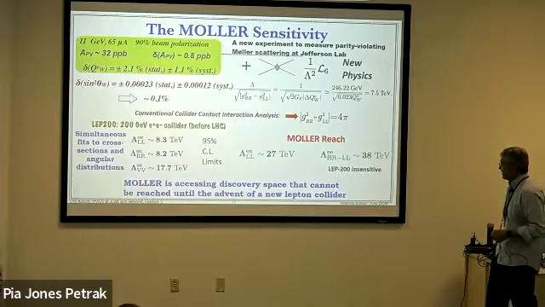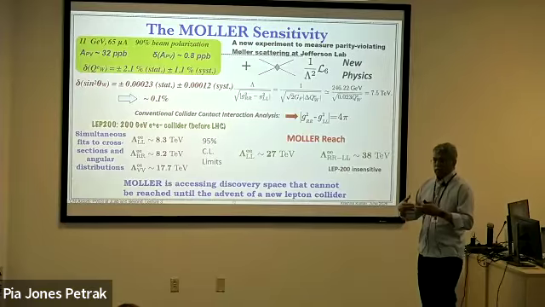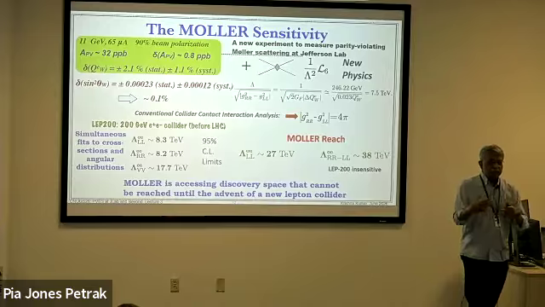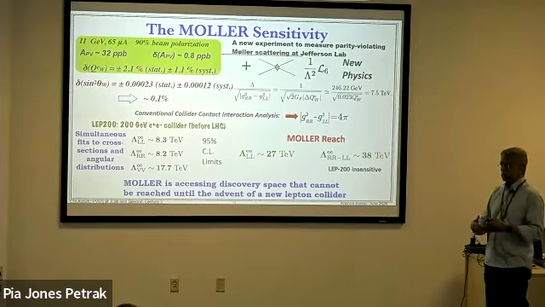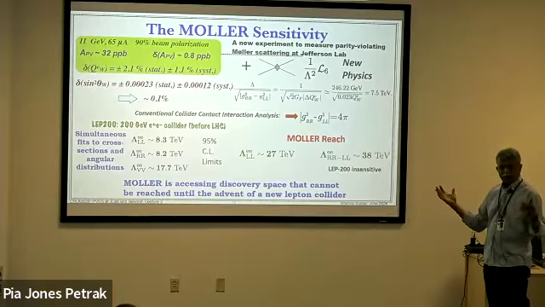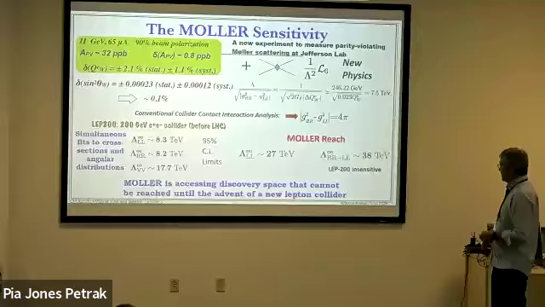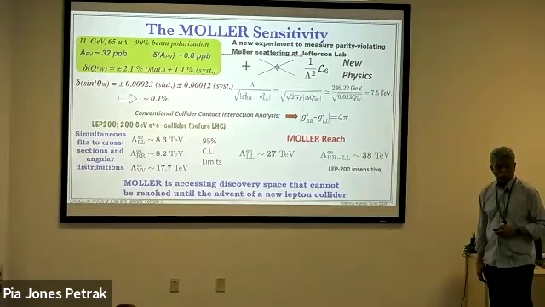And so MOLLER is accessing discovery space that is more like a 500 GeV linear collider, right? So that's the motivation for this experiment. A 500 GeV linear collider may exist in the 2040s, we don't know. But we are getting to that level of sensitivity right now.